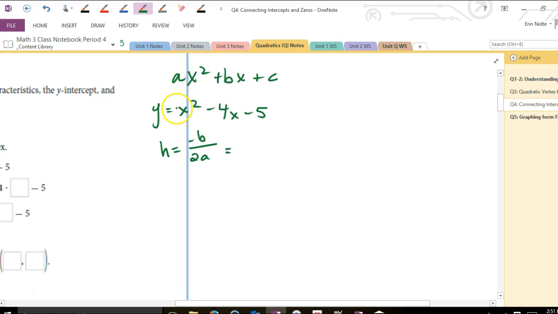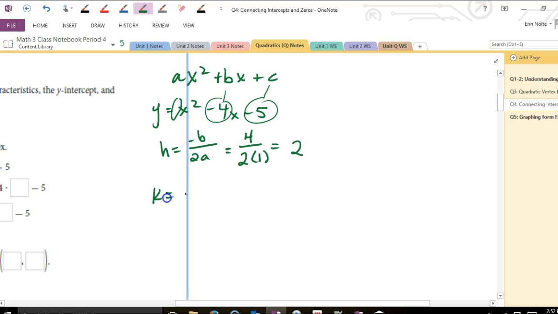So the a is the number in front of the x squared, which in this case is invisible, although it does exist, and happens to be 1. The b value is in front of the x, so this one is negative 4. This c value is negative 5. So negative b, so negative 4 makes a positive 4, and then 2 times 1 on the bottom, so 4 over 2 makes 2.